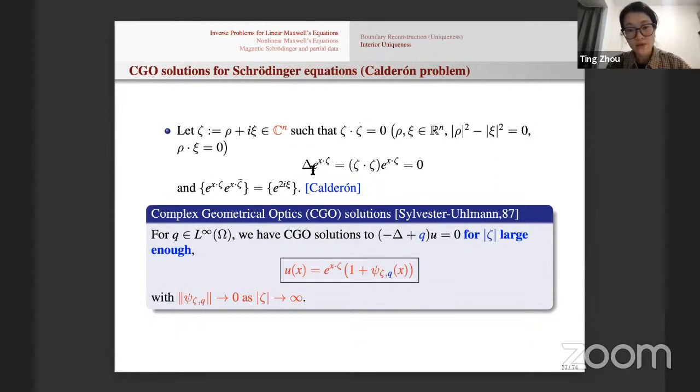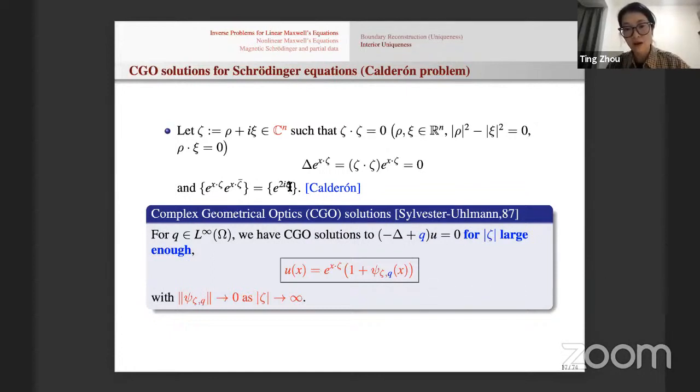The way you do this is to construct the so-called CGO solutions by first looking at a harmonic function, e to the x dot zeta, the complex linear phase exponential. The zeta here is a complex vector satisfying zeta dot zeta equal to 0. If you have the product of two CGO solutions with two complex vectors being conjugate of each other, you should get the Fourier exponential e to the 2i x dot xi.